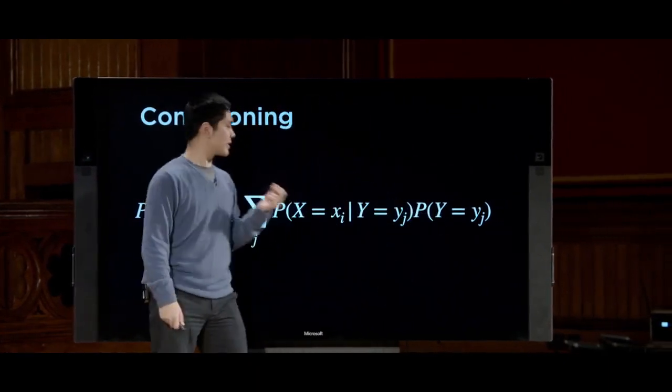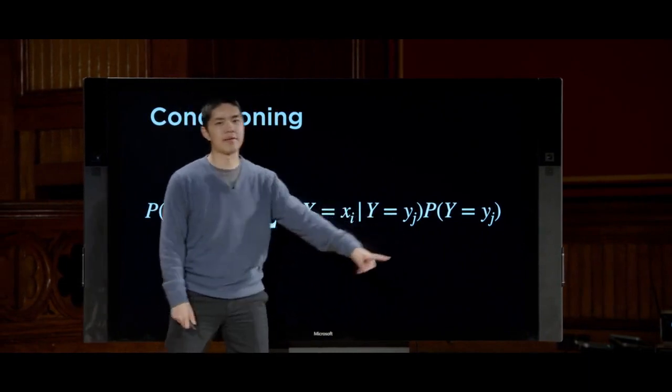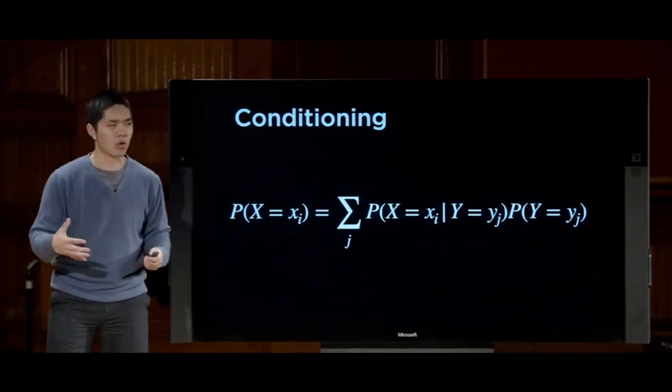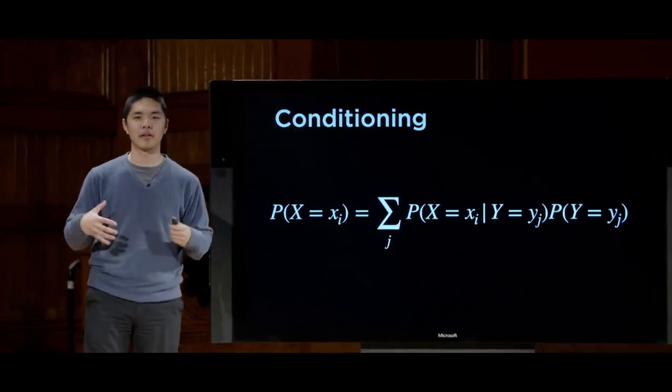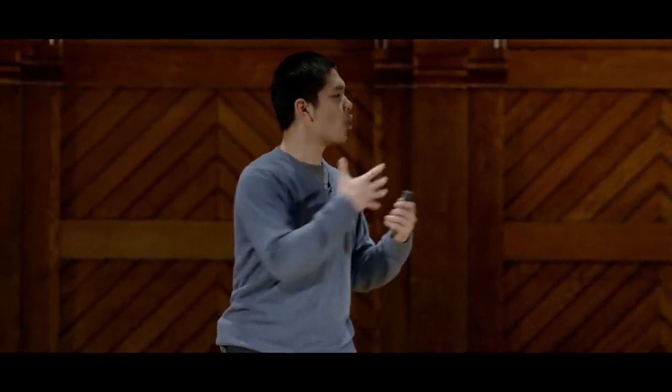And multiply it by the conditional probability that X takes on this value, given that Y took on that value, y_j. So it's an equivalent rule, just using conditional probabilities instead of joint probabilities. And using the equation we know about joint probabilities, we can translate between these two.